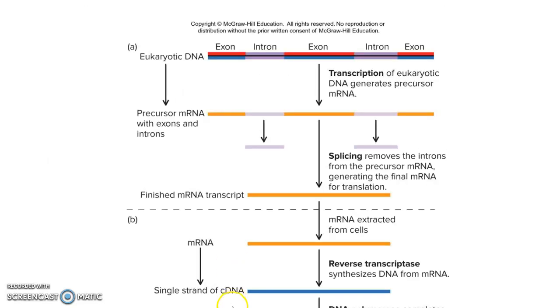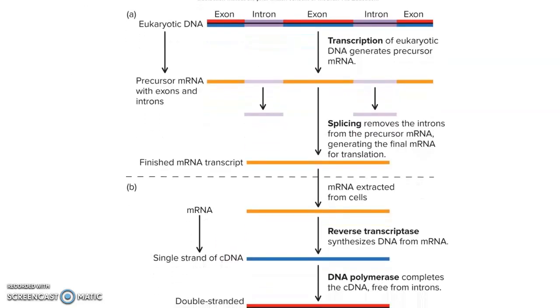And this is a figure showing that use of reverse transcriptase. Just as a little refresher, you have your DNA that has the exons, which are expressed or code for amino acids, and the introns, which are spliced out. And so you have your DNA, it's transcribed into mRNA. This is the original strand that's transcribed.